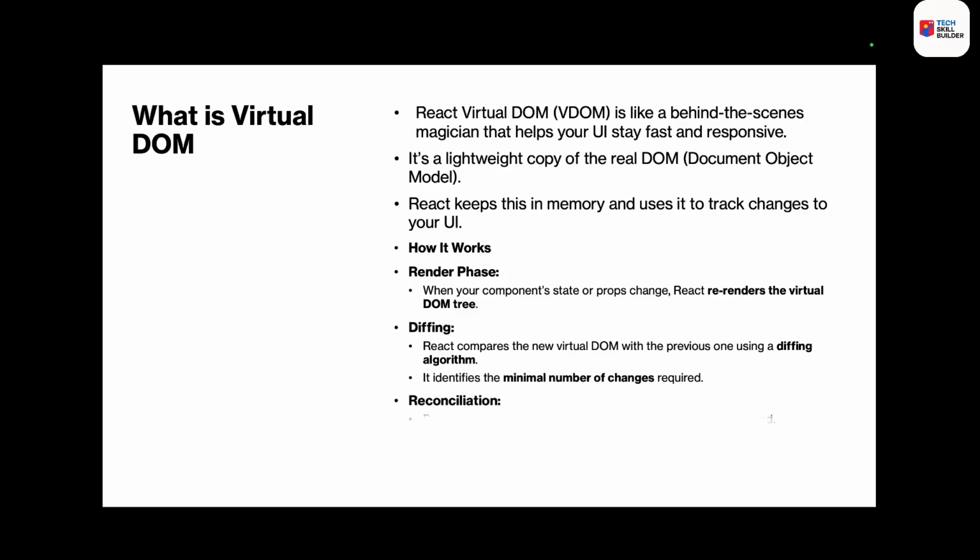Reconciliation: React then updates only the part of the actual DOM that has changed. For example, you have changed some title in the button. It will check internally and only that change will happen. This makes updates faster and more efficient than rewriting the whole DOM.